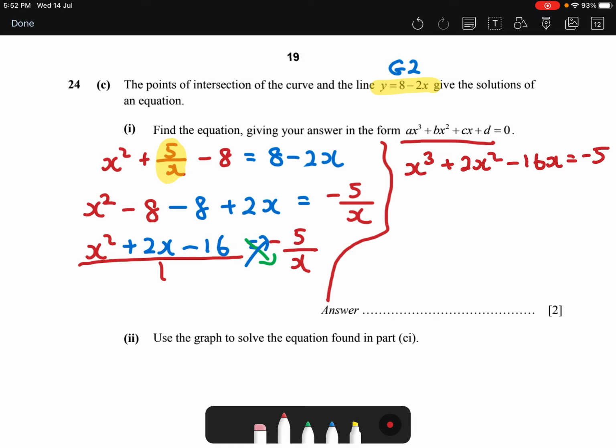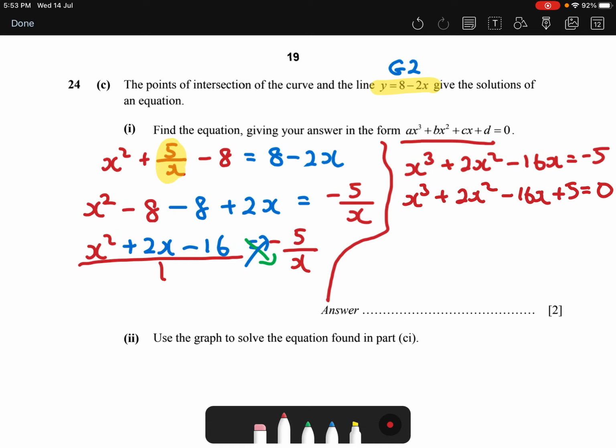Then you bring your minus 5 to the left hand side to make everything into x cubed plus 2x squared minus 16x plus 5 equal to 0. So in this case, I get my equation already. If I solve my equation, I will get my intersection between these two curves, I mean these two graphs.